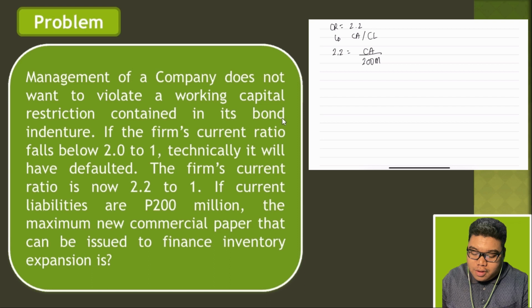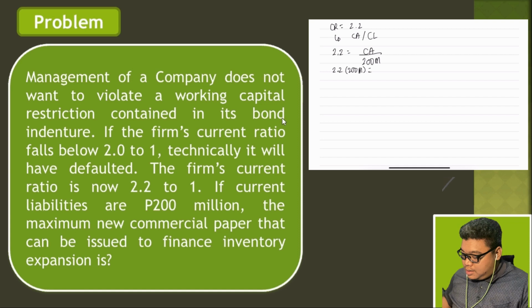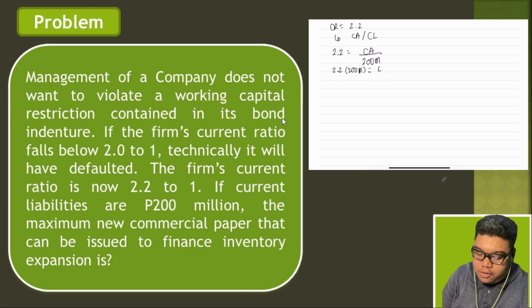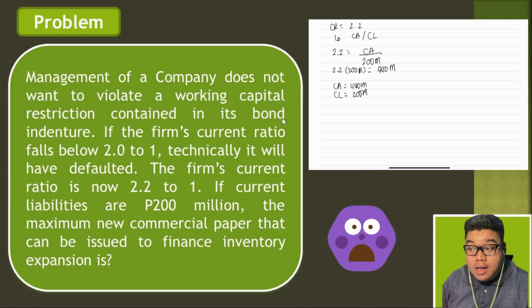To determine the current asset, that is 2.2 times 200 million, 440 million. So that is our current asset, 440 million, and current liability of 200 million.